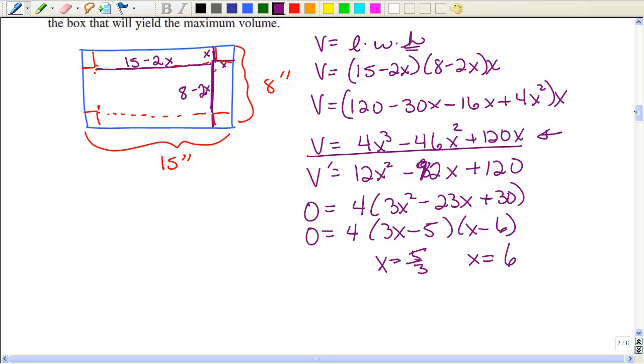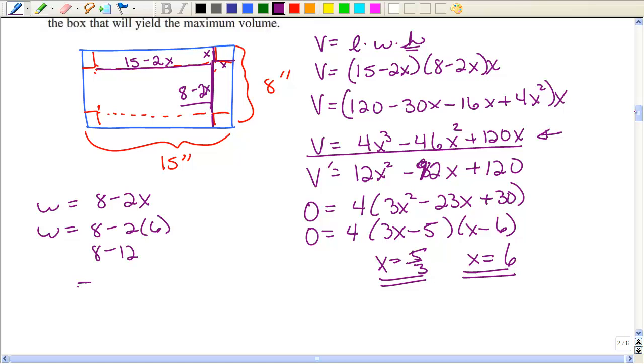Now I have to know which one provides a maximum volume, but first of all, let's see if those answers are even possible. Remember that my width was 8 minus 2x. If x is 6, I would have 8 minus 12, which would be negative 4. That's not possible. If x is 5/3, I would have a reasonable, positive answer.